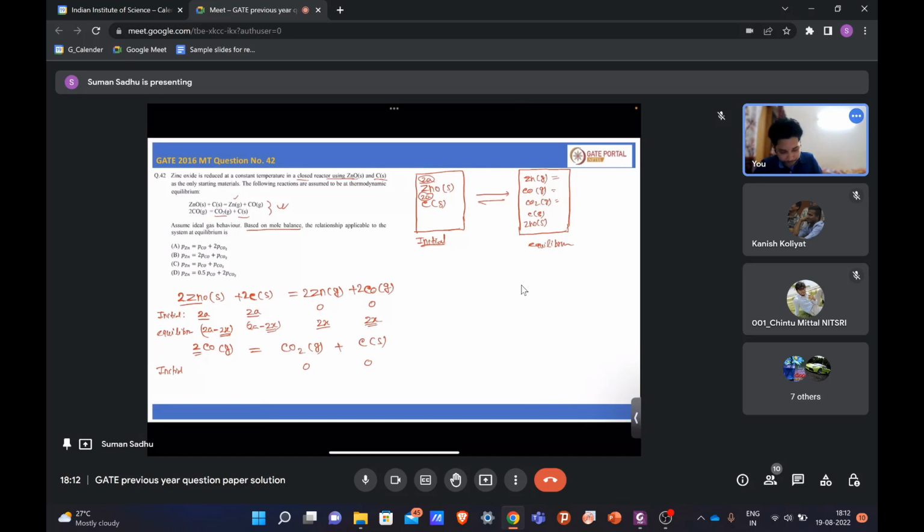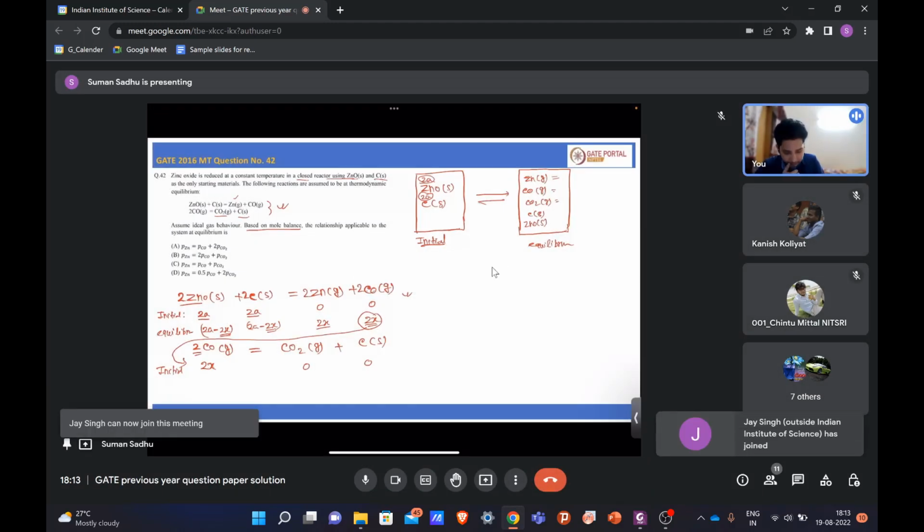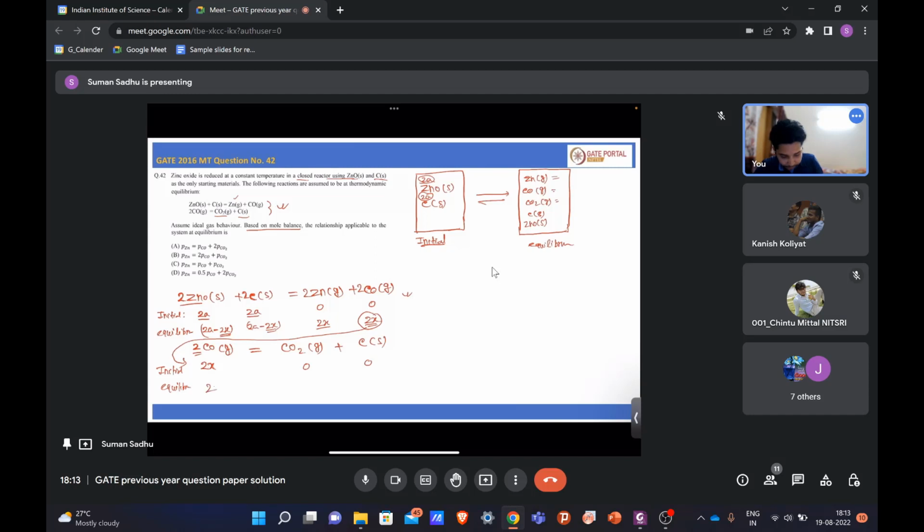Now this 2x mole of CO which is formed because of the first reaction will act as a reactant of the second reaction. So initially for this reaction we can consider 2x mole of carbon monoxide is there. Now let's say from this reaction at equilibrium, 2y mole of carbon monoxide is dissociating.